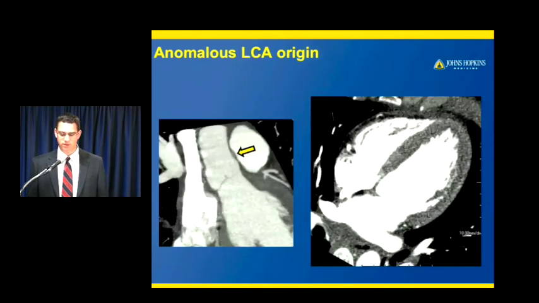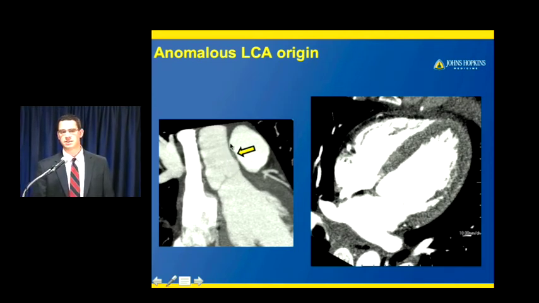So how do you know if there's an intramural course? The current literature is still a little bit sparse on the topic, but most experts would agree that an intramural course is suggested by this appearance on a sagittal view, which is a slit-like narrowing, the term used in the literature, where the left main coronary artery is much taller than it is wide.